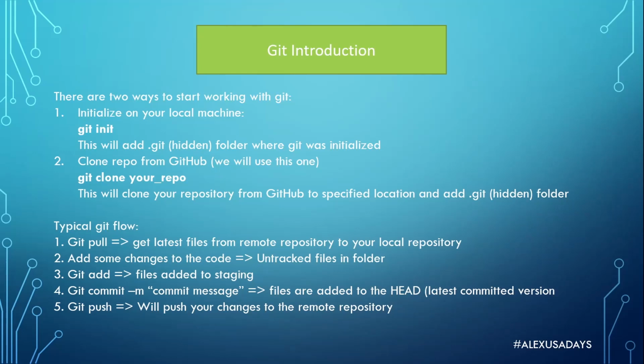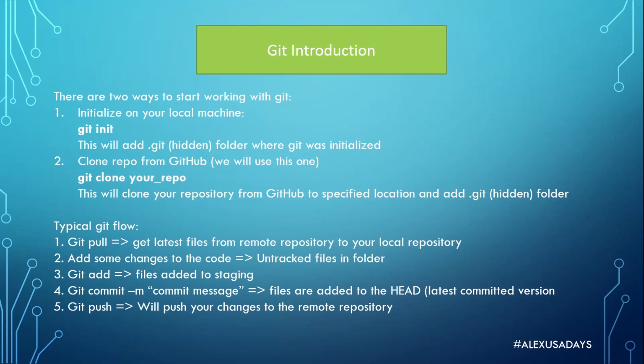The other way is to create a repository on GitHub first, and that's the way we're going to use, and then clone that remote repository to your machine. It will add this repository to a specified location on your local machine, and also add the .git hidden folder with all the configs.